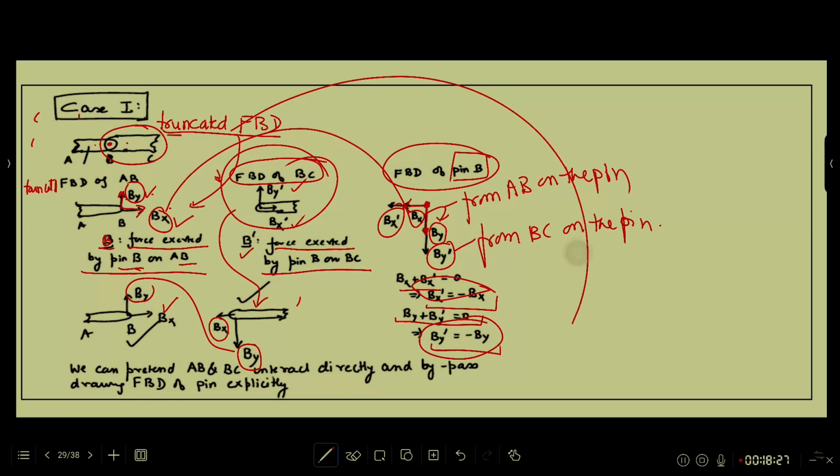We can pretend, actually it's not happening, but pretend AB and BC are interacting directly and bypass drawing FBD of pin explicitly in your analysis. If it is case 1. Case 1, By, Bx, opposite Bx, opposite By, end of story. We can pretend that two are interacting directly. Let's have a look at case 2.